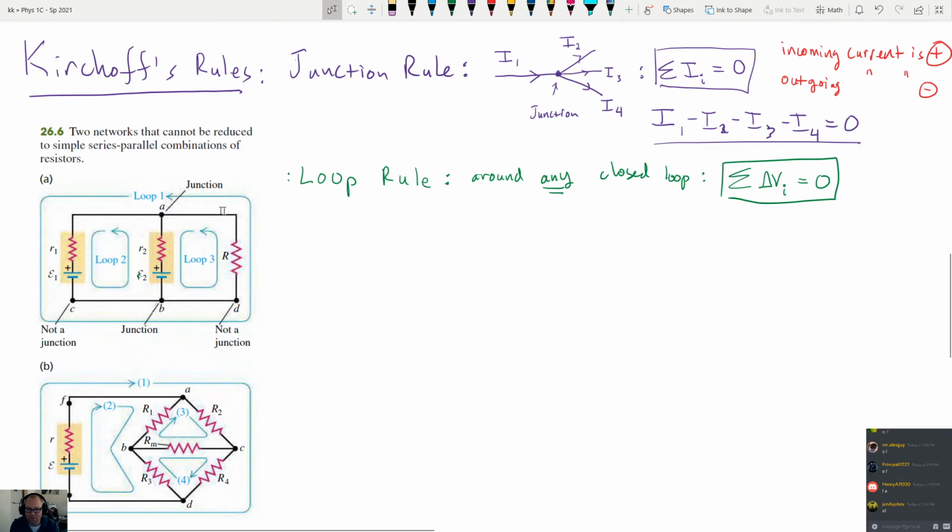And loop 3 goes in a circle like this. For any of those loops, you have to write down an equation. For every single element within the loop, whether it be a resistor or an EMF source, there's going to be something that you write down.